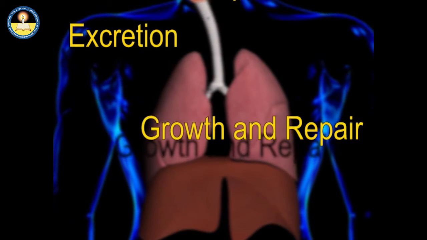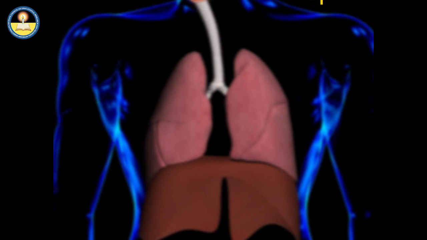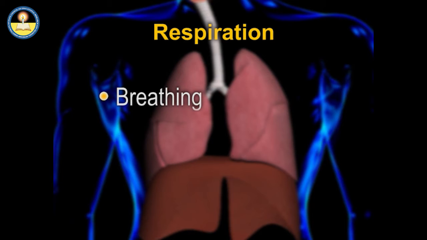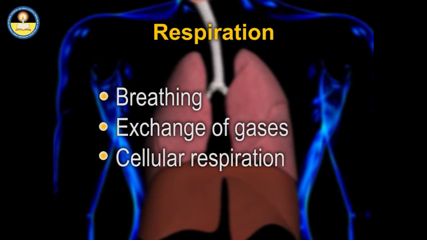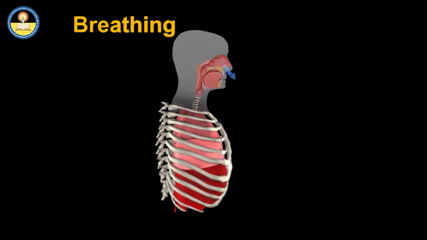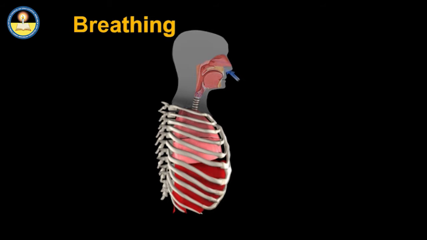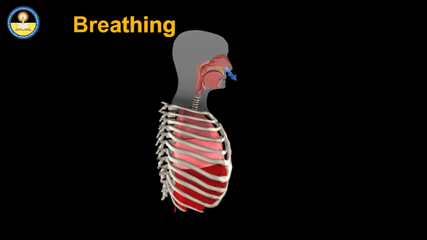Efforts to release the energy by this system are broken down into different stages: breathing, exchange of gases, and cellular respiration. The difference between breathing and cellular respiration is that breathing is a process of taking in oxygen and expelling carbon dioxide.